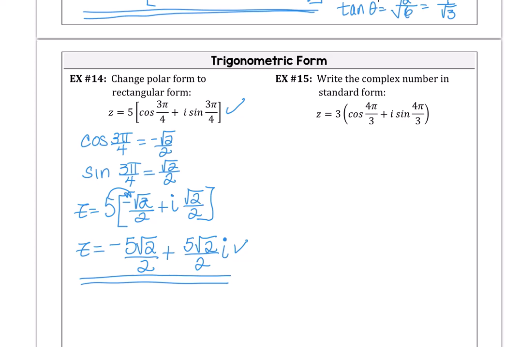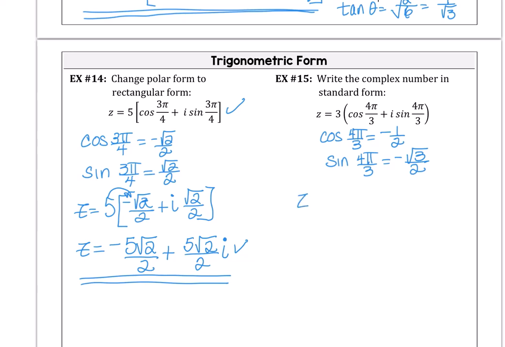For number 15, we know cosine of 4 pi over 3 is negative a half, and we know sine of 4 pi over 3 is negative square root of 3 over 2.